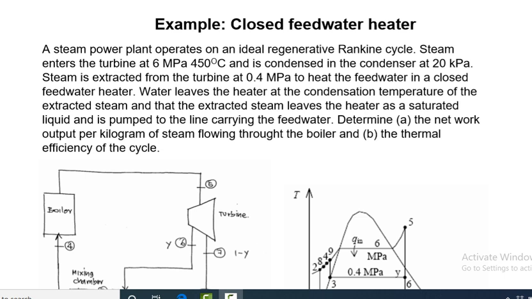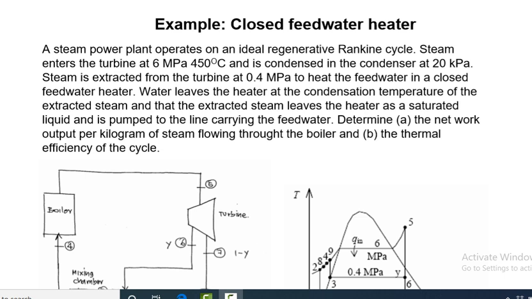Water leaves the heater at the condensation temperature of the extracted steam, and the extracted steam leaves the heater as a saturated liquid and is pumped to the line carrying the feed water. Determine, first, the net work output per kilogram of steam flowing through the boiler, and second, the thermal efficiency of the cycle.